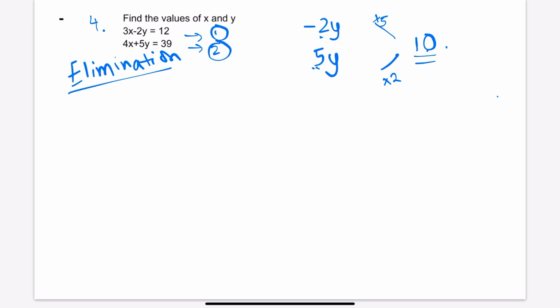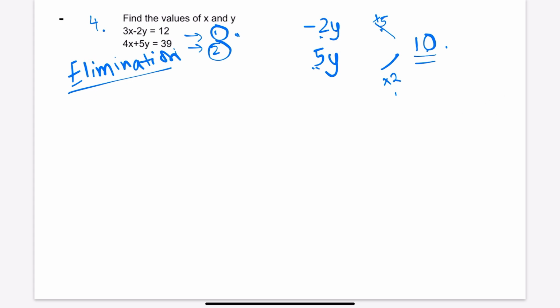We are not talking about addition or subtraction here, but multiplication to make the coefficients uniform, so the y term looks like 10 or negative 10. Once we have that, depending on the sign, we can add or subtract to eliminate y.